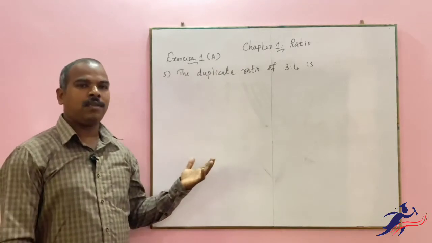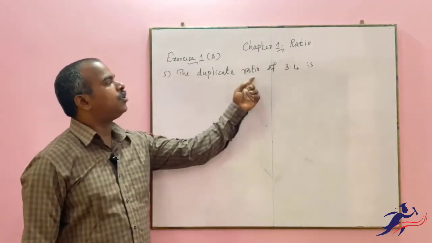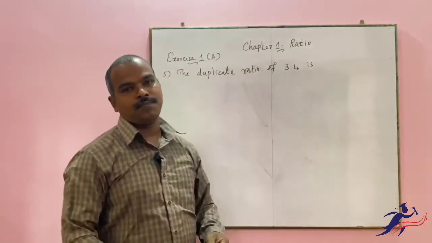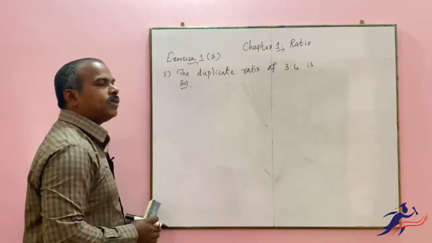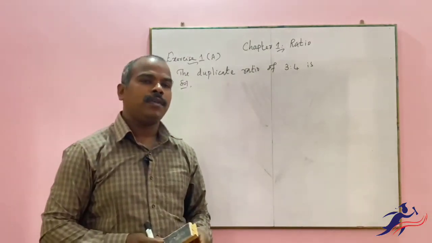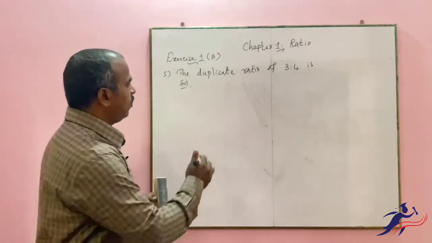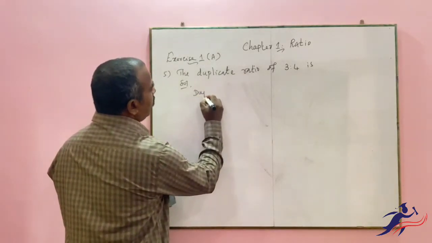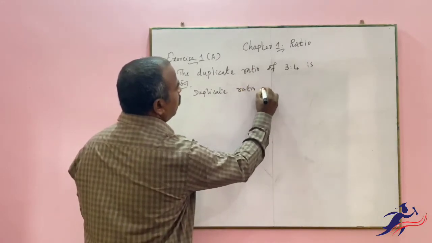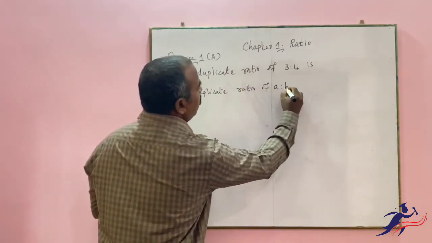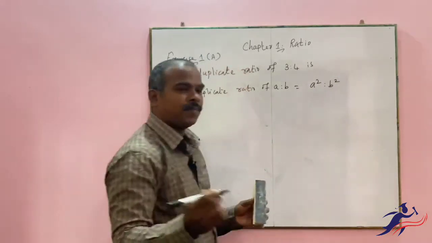Now we can see question number 5. The duplicate ratio of 3 is to 4 is. So we know that the duplicate ratio of A is to B is A square is to B square. That is duplicate ratio of A is to B is equal to A square is to B square.